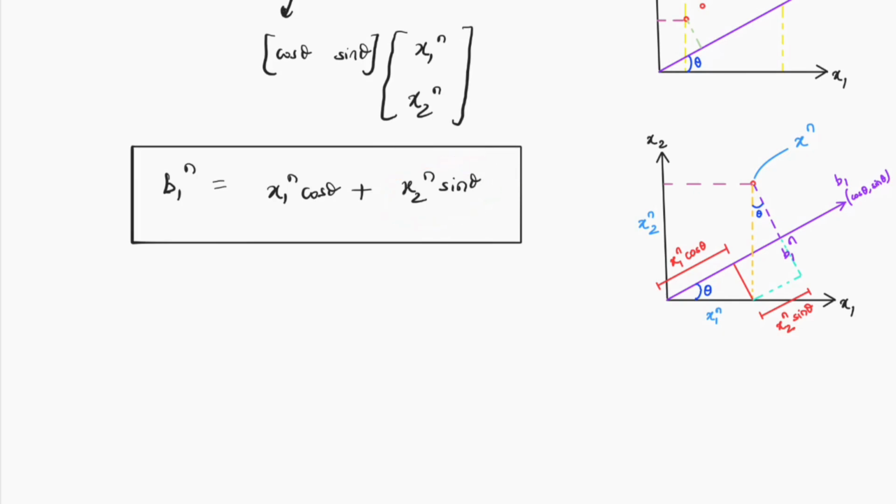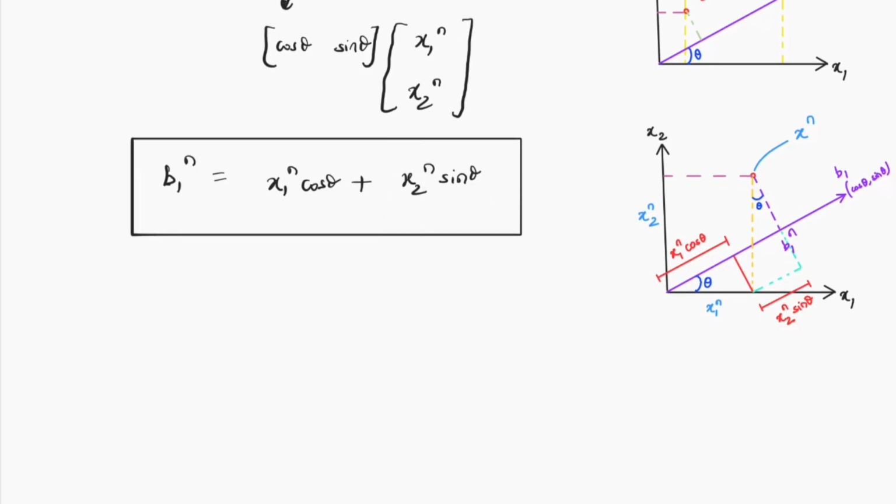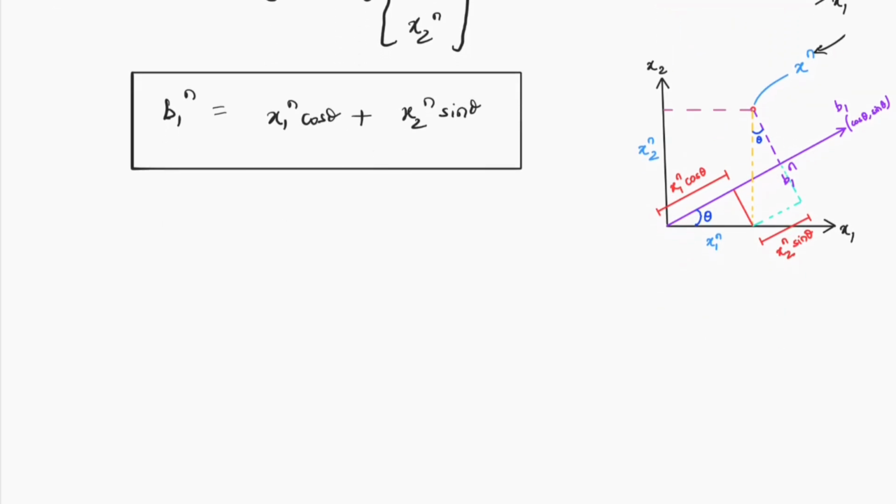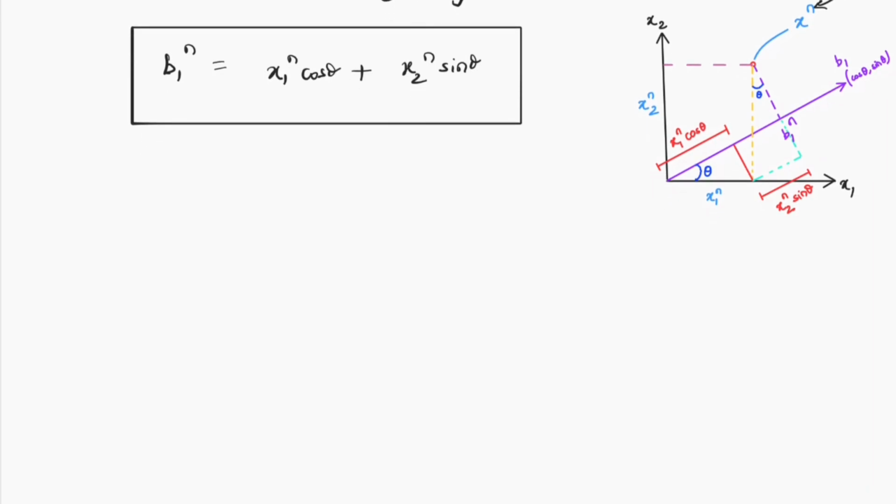Now let us project all the data similarly and find the mean. What we are going to do next is, similarly, this was done for the nth data point, and when we project every data point, let us see what we get.